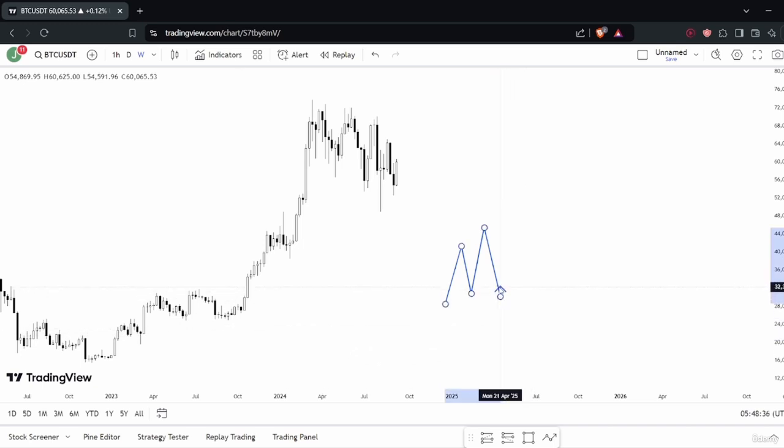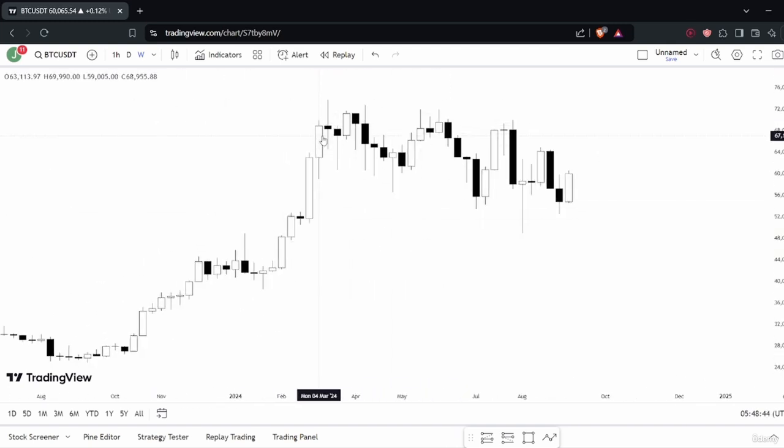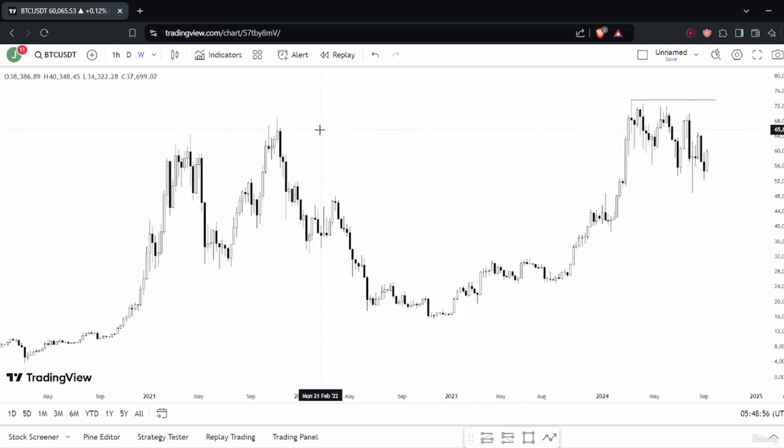Take it into consideration. A swing high, well, this is hard to grasp. A swing high is basically, look at my cursor, one candle, two candles, three candles, the candle that is the highest among three candles. That's a swing high. So this is a swing high.